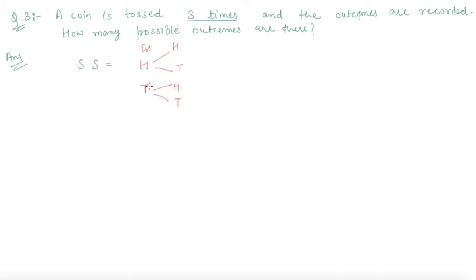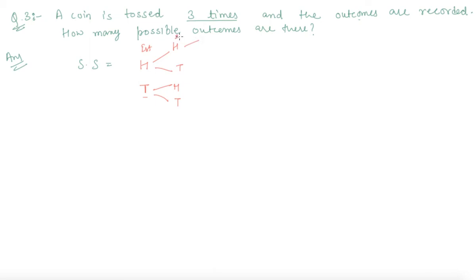So this combination is when the first coin has tail and the other coin has two options. And this is the option when the first coin is head and the second coin can be head or tail.